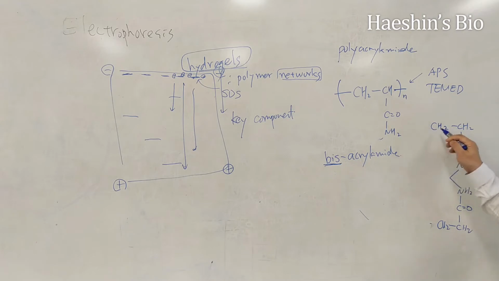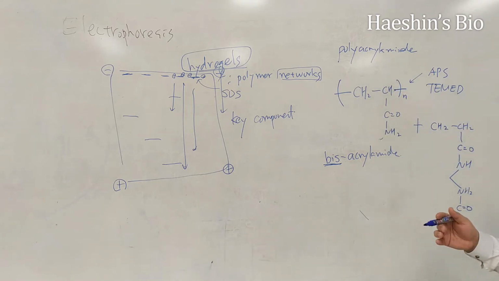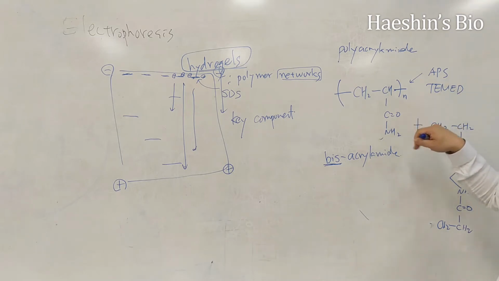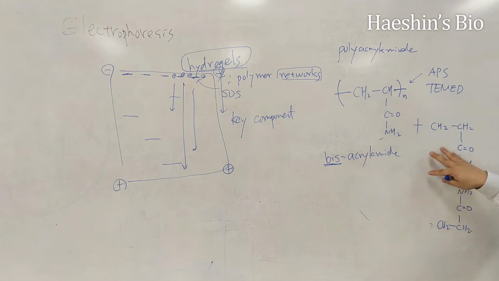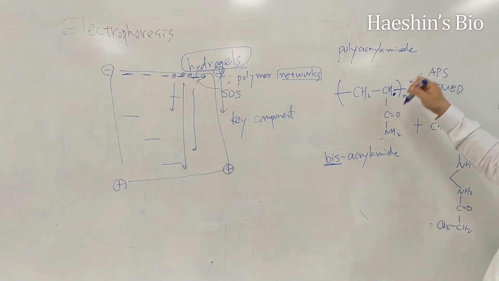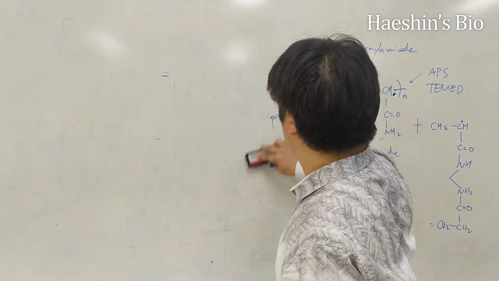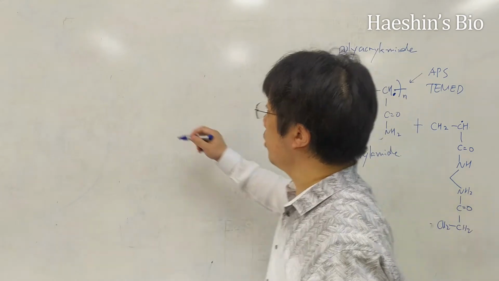Then we add this to the system in the presence of the acrylamide solution. When you add APS and TEMED in the presence of both the acrylamide and the bisacrylamide, both become radicals, as I mentioned before, and they copolymerize.